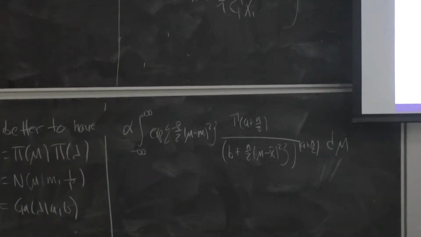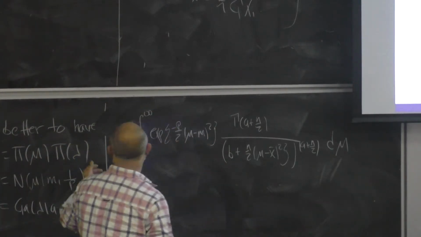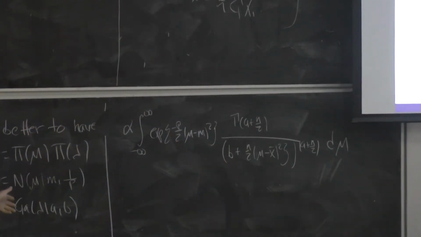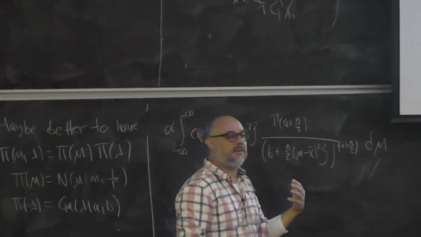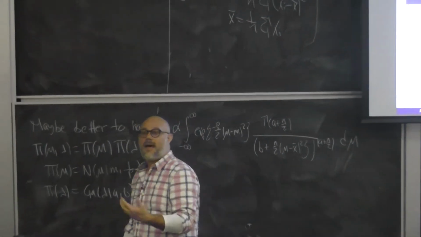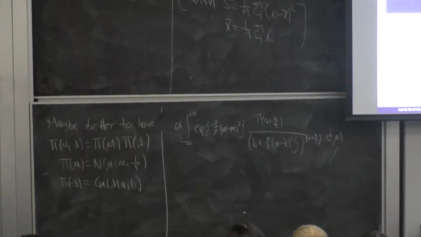So non-conjugate priors sometimes make more sense than conjugate priors, but that will mean that we will sometimes have a posterior that we will not be able to deal with analytically. Okay?